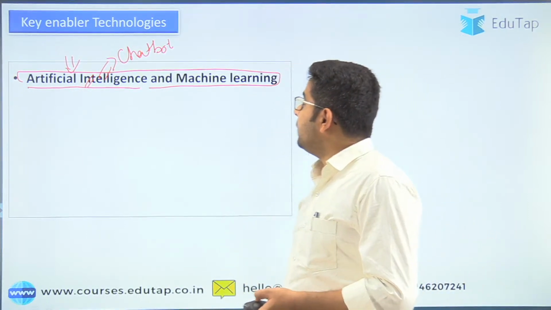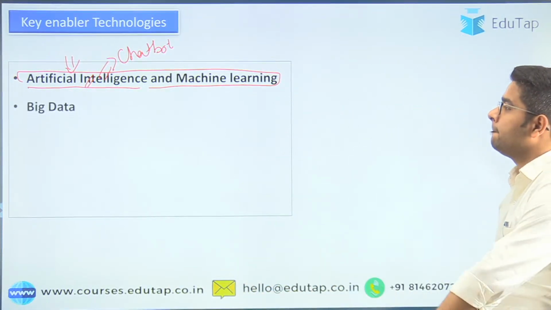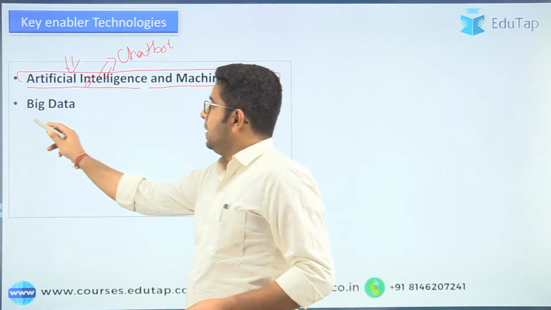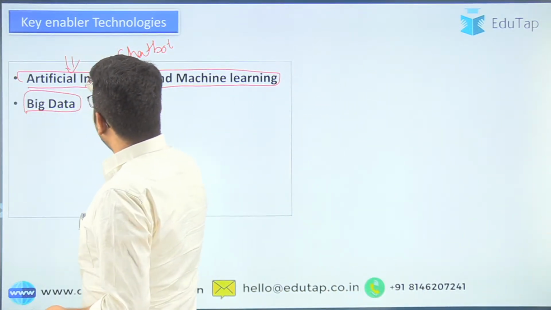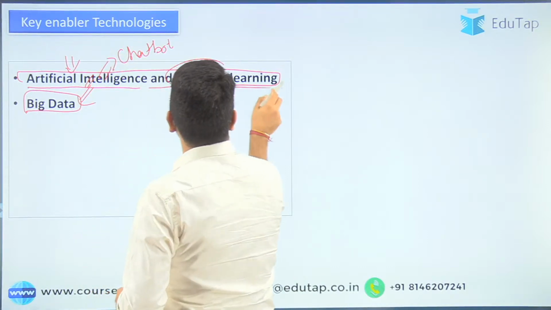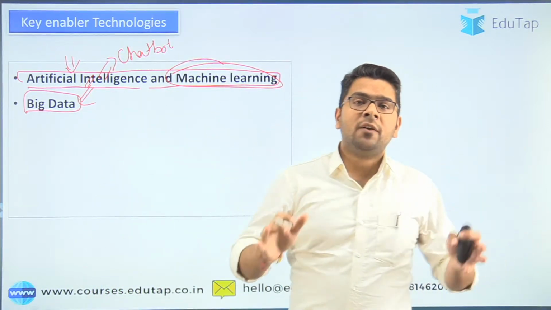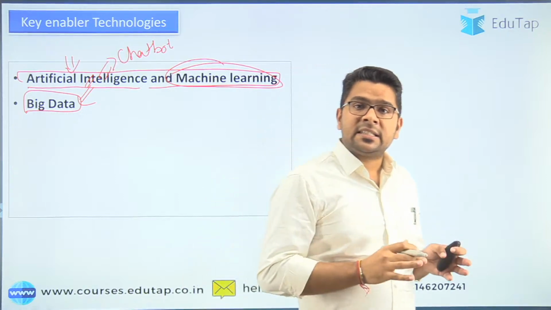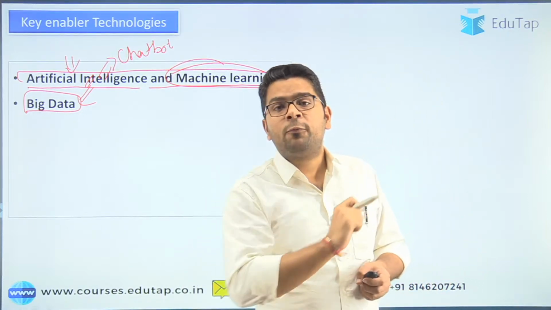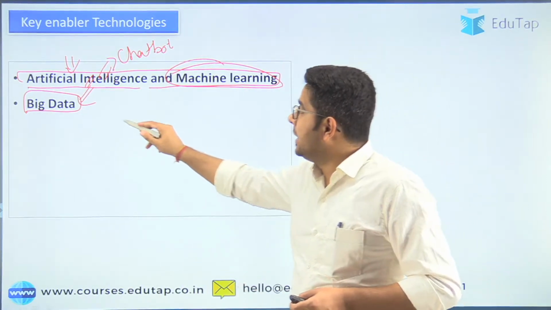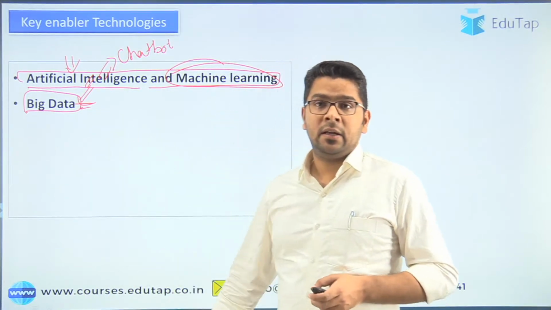Then what is the next technology? Big data. Big data is basically an application of artificial intelligence and machine learning. There is a lot of data that has been gathered by the sites, but to take meaningful output from there, you need big data.